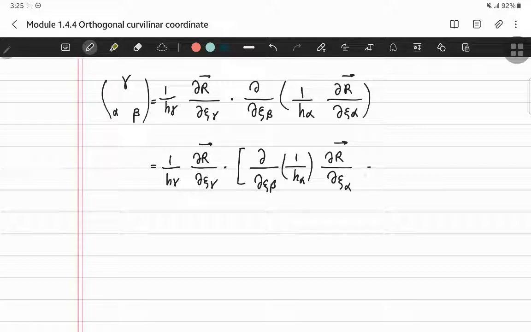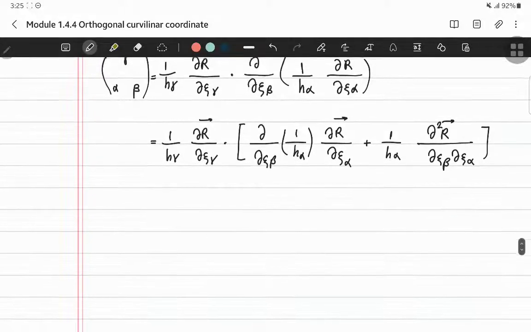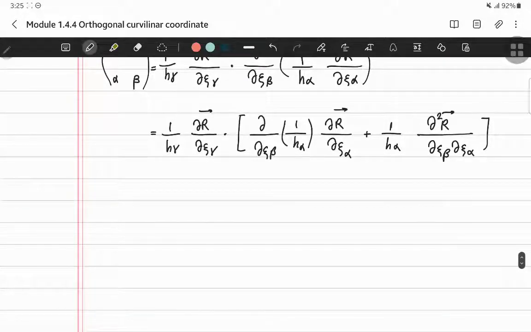So, plus 1 over H alpha, the partial derivative of this with respect to this. So it becomes the second partial derivative of R with respect to Z beta, Z alpha. Perfect.